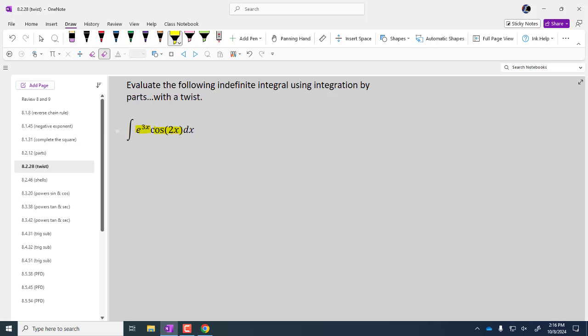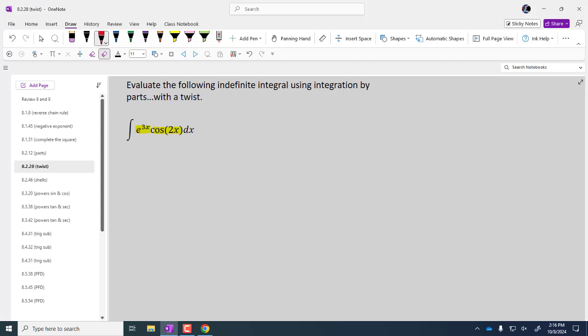The cosine is going to turn into a sine whether you integrate or differentiate. E to the x, whether you integrate or differentiate, stays e to the 3x in this case. So neither of those functions is going to simplify with a derivative or an integral. That gives us a clue that this is going to be integration by parts with a twist.